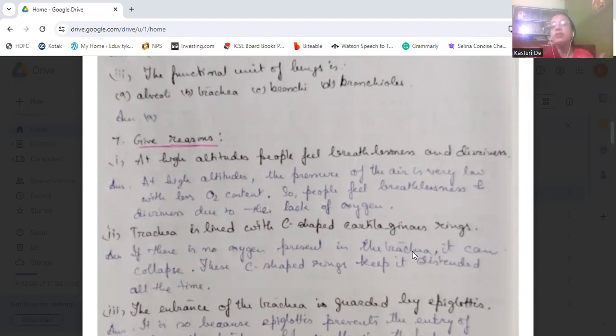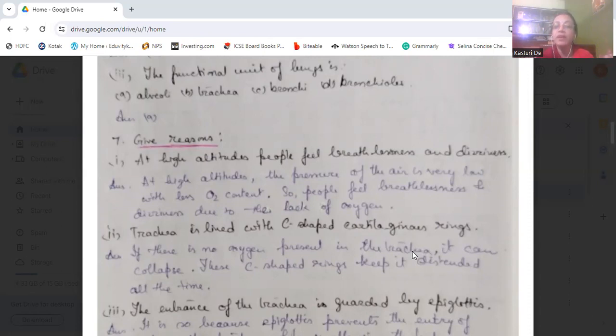So people feel breathless and also dizziness. As there is not an adequate amount of oxygen, people will not be able to breathe properly. Oxygen will not be able to reach properly into the brain. Therefore, a person will feel dizziness due to the lack of oxygen.